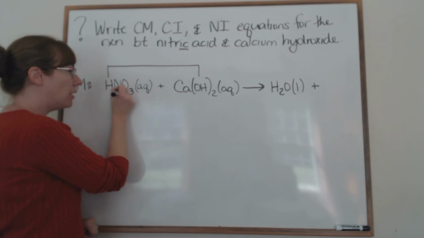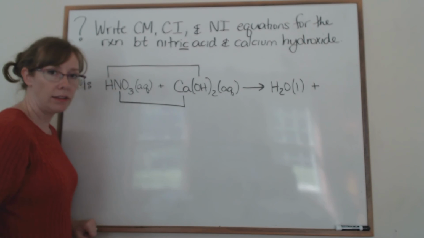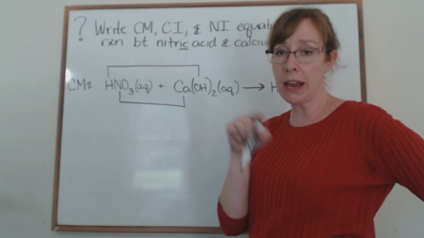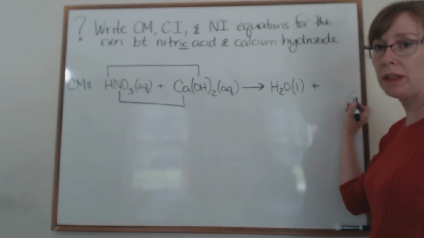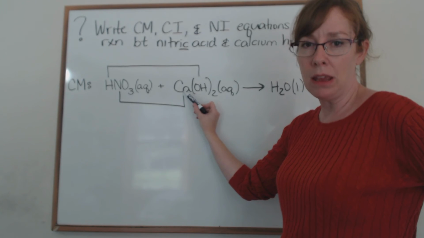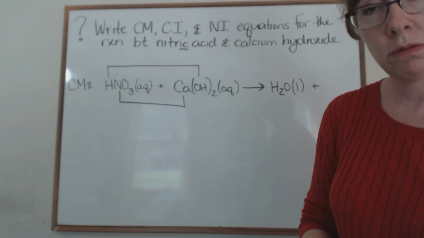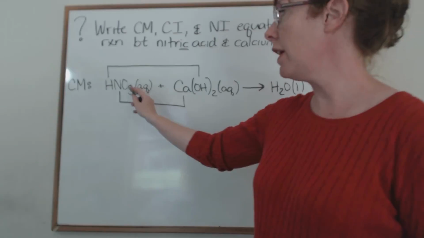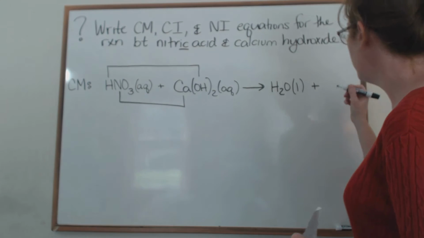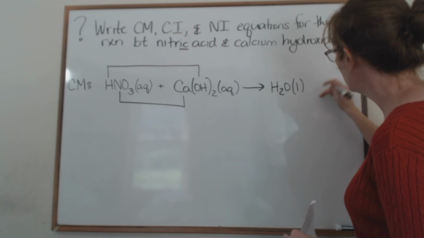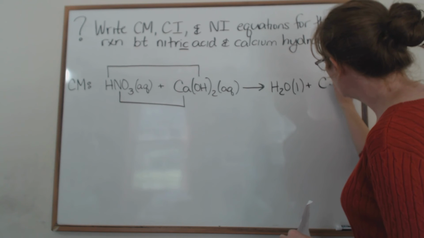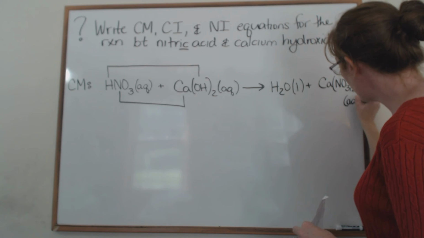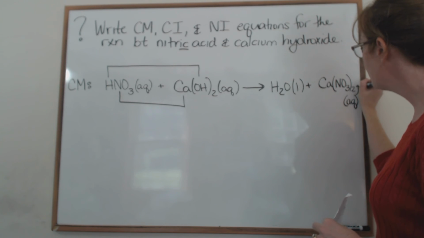The salt is going to come from the anion here and the cation there. So it's still a partner swapping. Remember, cations are always written first in your chemical formula. So you really just want to think about what that compound would be. Well, Ca is the 2+ ion. Calcium's in group 2. And nitrate is a 1- anion. So therefore, you would need 2 nitrates for every 1 calcium.